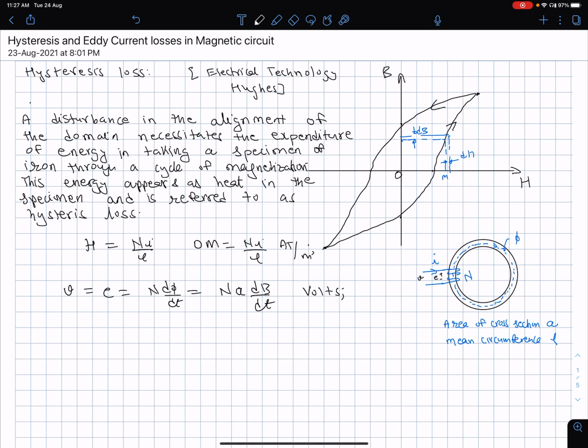Make a practice of always writing units along with the quantities. That's very important. I am taking area of cross section A for this core, and the mean circumference to be L. So now what is the instantaneous power?